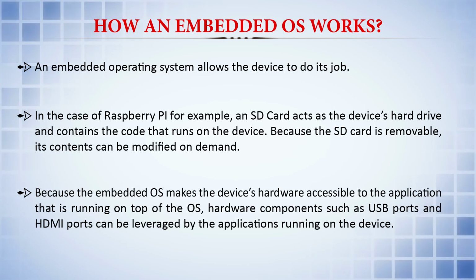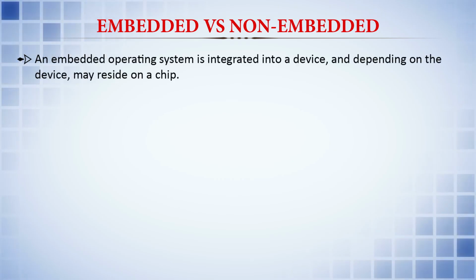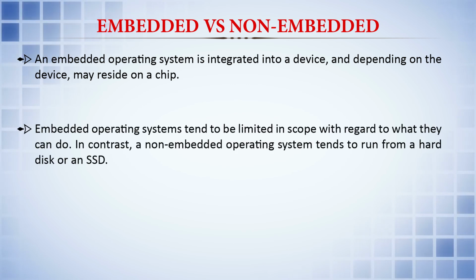So, let us see what is the basic difference between embedded and non-embedded systems. An embedded operating system is integrated into a device, and depending upon the device, it may also reside on a chip. As we had seen in the previous slides, most of the things reside on the SD chip. Embedded operating systems tend to be limited in scope with regard to what they can do.